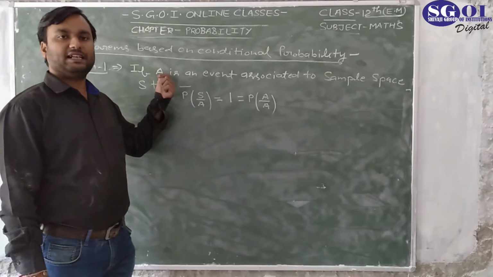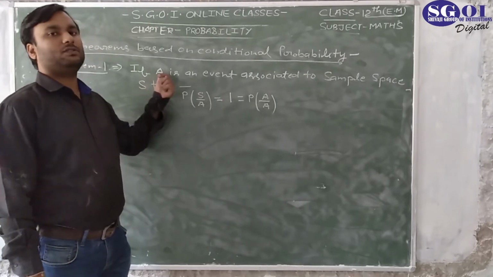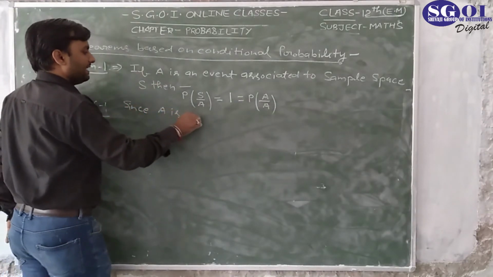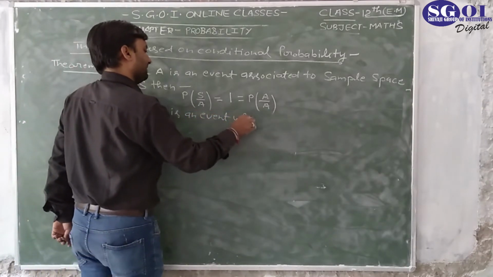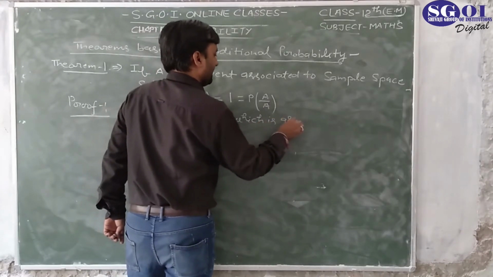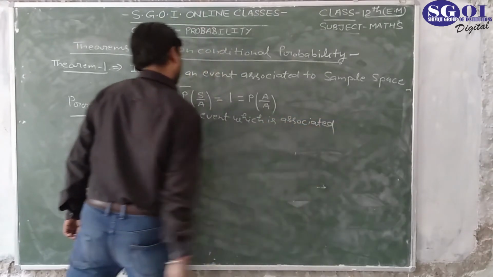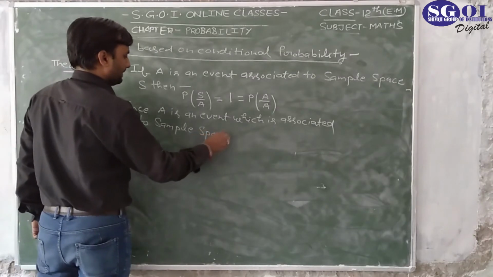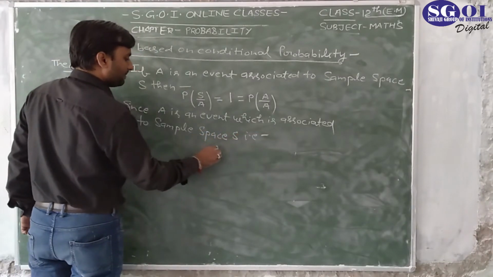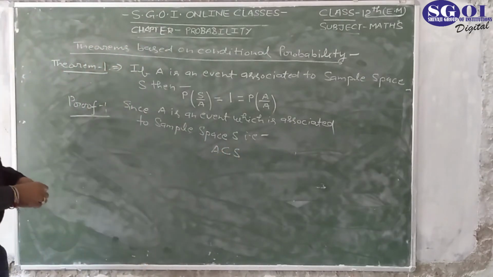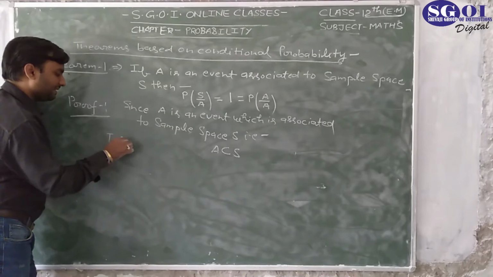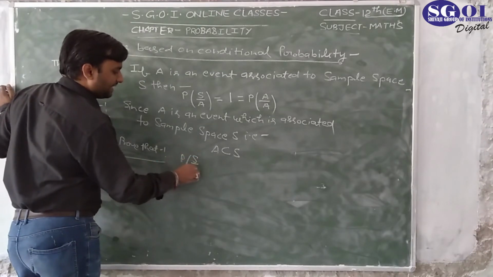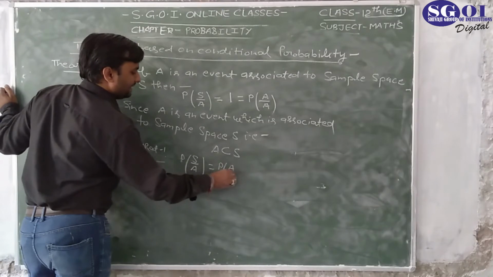If capital A is an event, then it is clear that A is a subset of sample space S. That is, A is a subset of S. Then we have to prove that probability of S by A and probability of A by A is equal to 1.